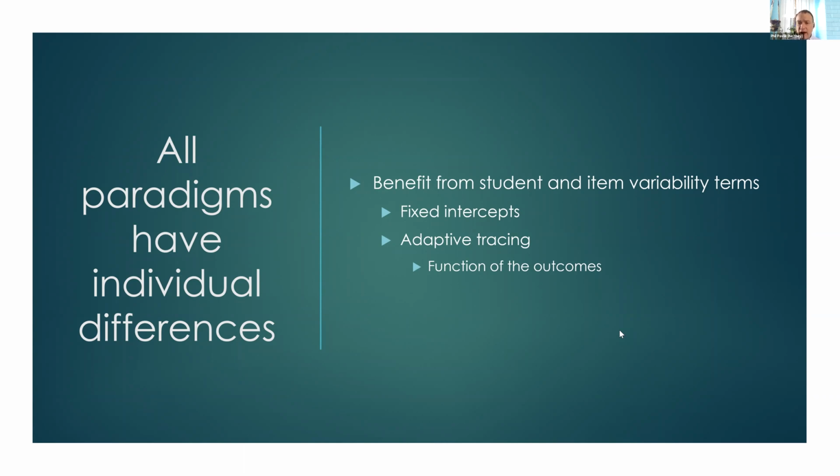However, because a lot of these adaptive tracing functions are focused on the recency and tracing recent outcomes, it is true that you can get some additional benefit from the adaptive tracing with the intercepts too, because it'll catch fluctuations in attention and things like that over the course of student practice.